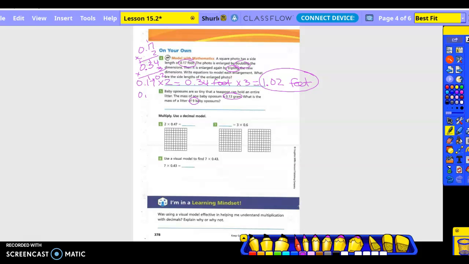So 13 times 9. Then how many decimal places? So 1 and 17/100 grams.